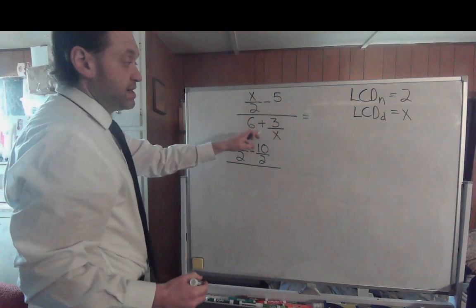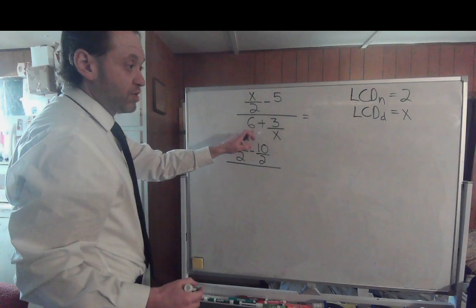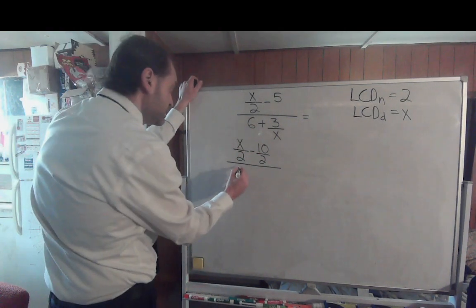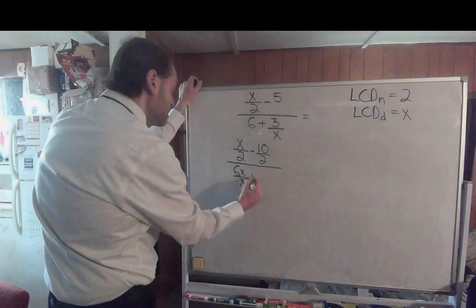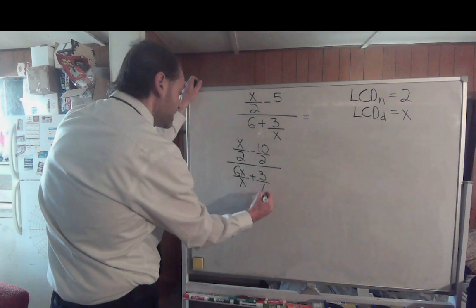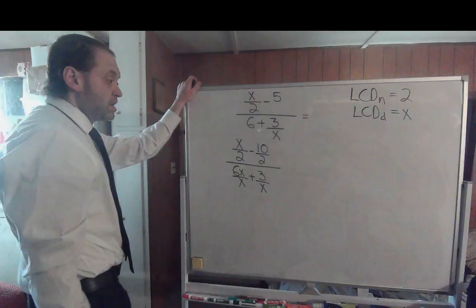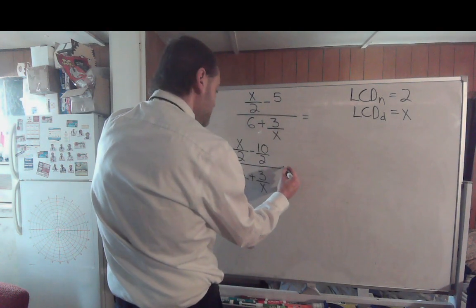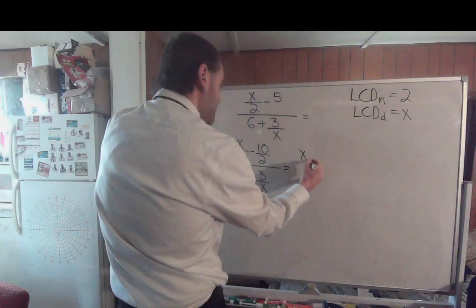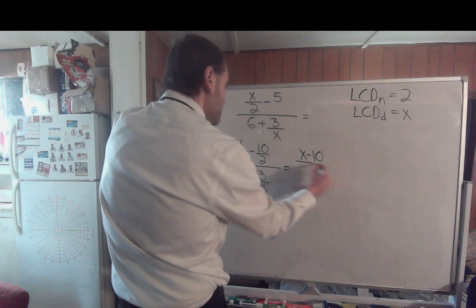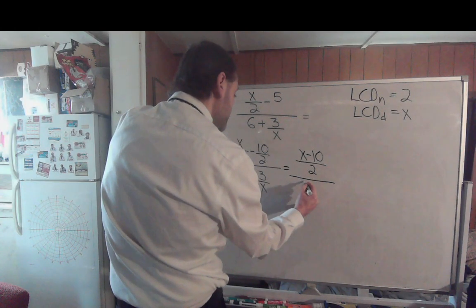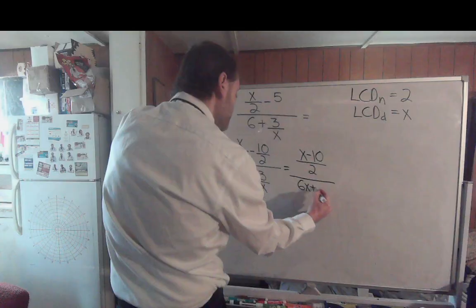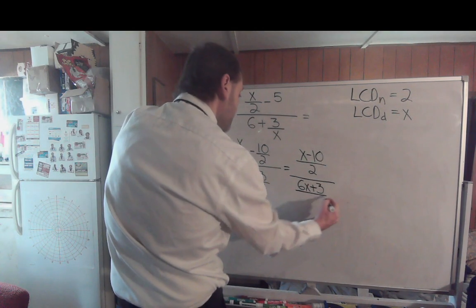So in your denominator, you'll have to multiply both numerator and denominator by x. So this would end up being 6x over x plus 3 over x, which now is going to put us into x minus 10 over 2, all that all over 6x plus 3 over x.